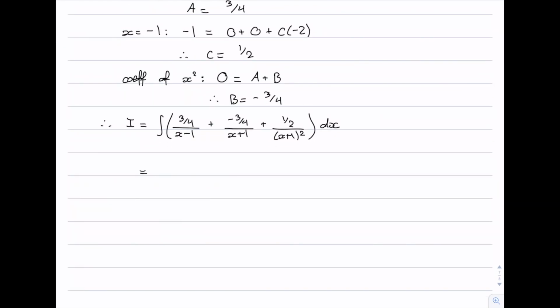Okay, first two integrals are pretty easy to do. They're going to be 3/4 log of x minus 1 minus 3/4 log of x plus 1. The third fraction, let's just do it a little bit slower. Let's write it as x plus 1 to the negative 2, not negative half, negative 2.